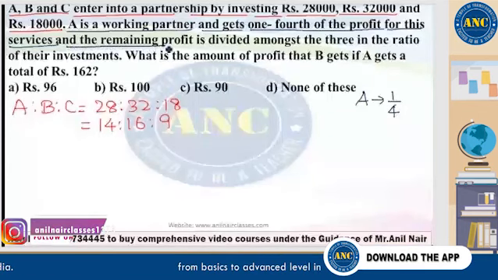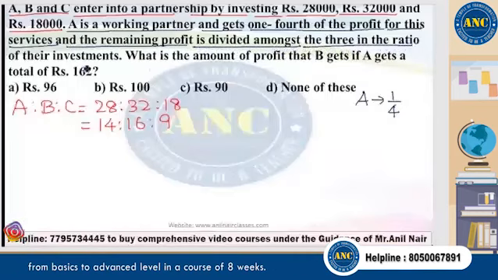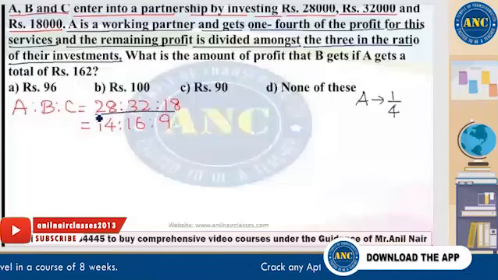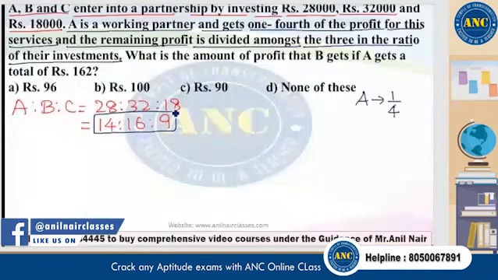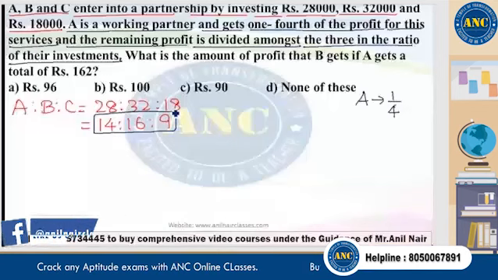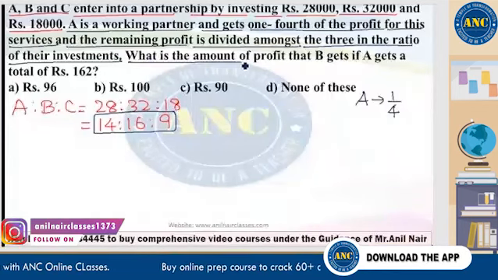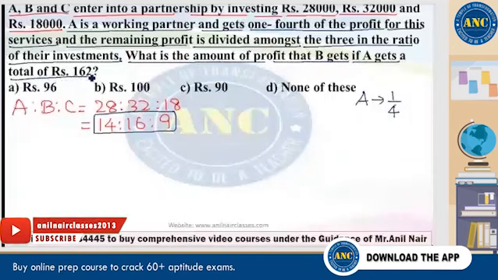And the remaining profit is divided among the 3 people in the ratio of their investment. Ratio of their investment is 14, 16 and 9. That also happens to be the profit sharing ratio because the time period is not given. What is the amount of profit that B gets if A gets a total of 162?